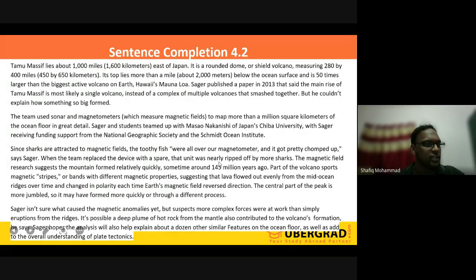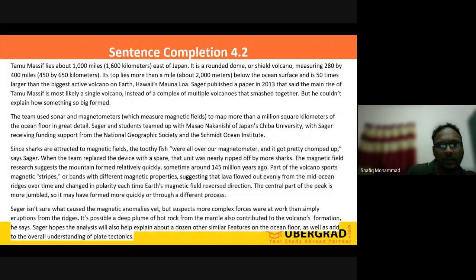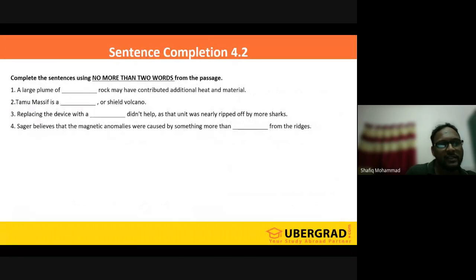Shall we move on to the next one, guys? Yes, Shloka has given all the answers, so you can check them. Some people still have doubt about when to write a capital letter.